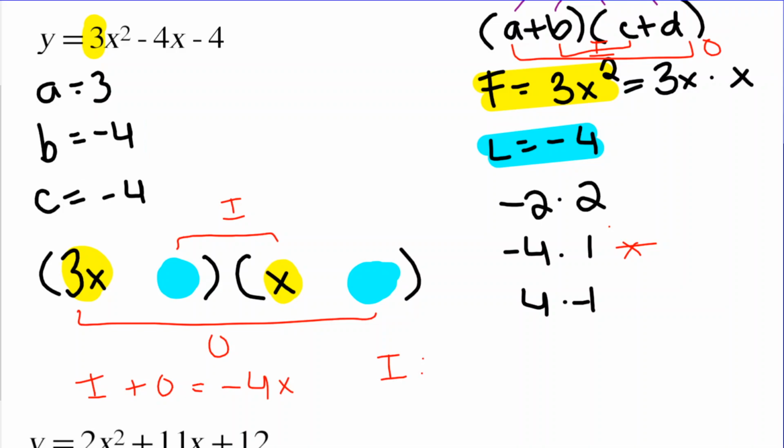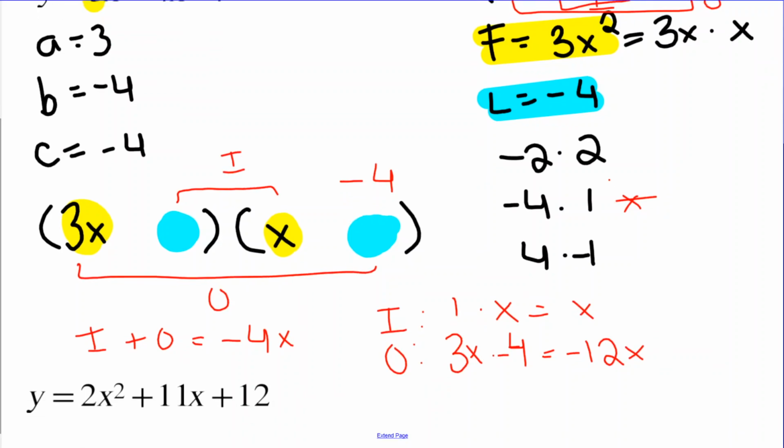If I decide to put the -4 here, because I know that would be multiplied by that 3x outside times outside, I'm going to get a -12x. And then if on the inside I have a +1 times an x, I'm going to get just an x. Our goal is for the sum of these two things to be -4.